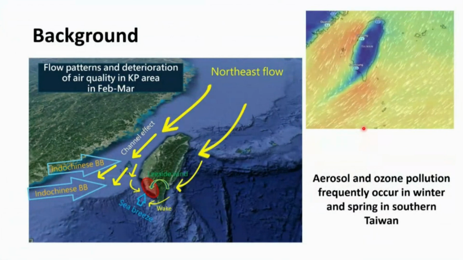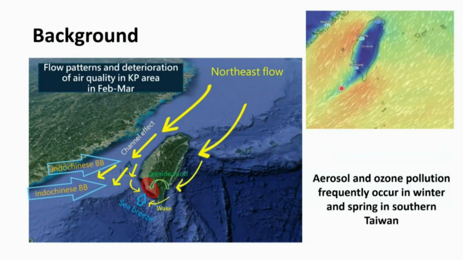In Taiwan, a small island, we suffer very bad air quality in wintertime, especially in southern Taiwan. As you see in this figure, during the northwesterly flow in the wintertime, the wind flow gets blocked by our terrain. Most of our air pollution accumulates on the leeward side.